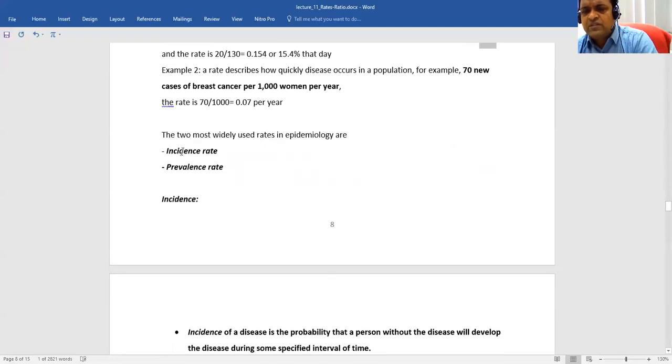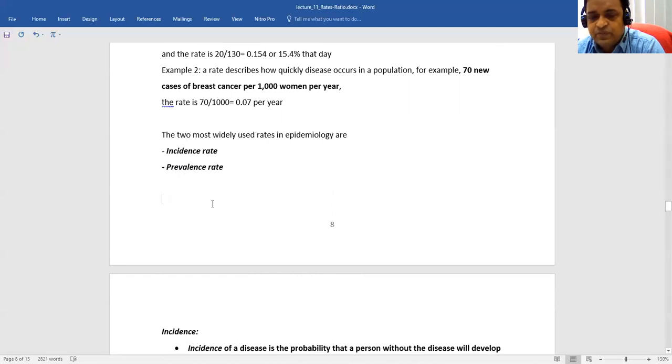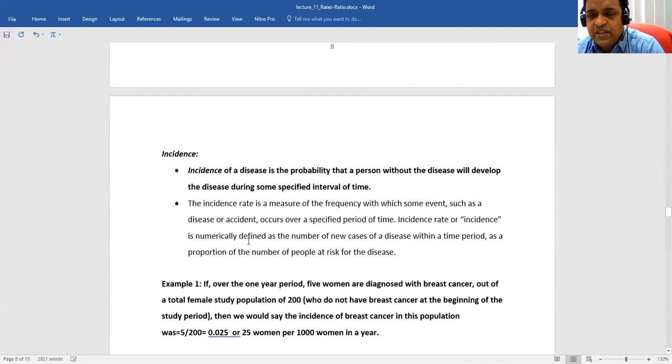There are two important measures of rates: one is incidence rate, and the other is prevalence rate. Both are important in biostatistics and epidemiological studies. Let us see what they are. The incidence rate of a disease is the probability that a person without the disease will develop the disease during some specific interval of time.